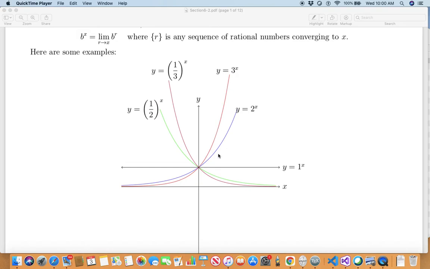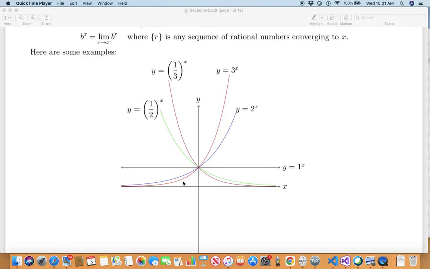When the base is 1, you get a horizontal line. Why? Because 1 to any exponent is 1, so that's a constant function. When the base is bigger than 1, you are increasing. When the base is less than 1, you are decreasing.